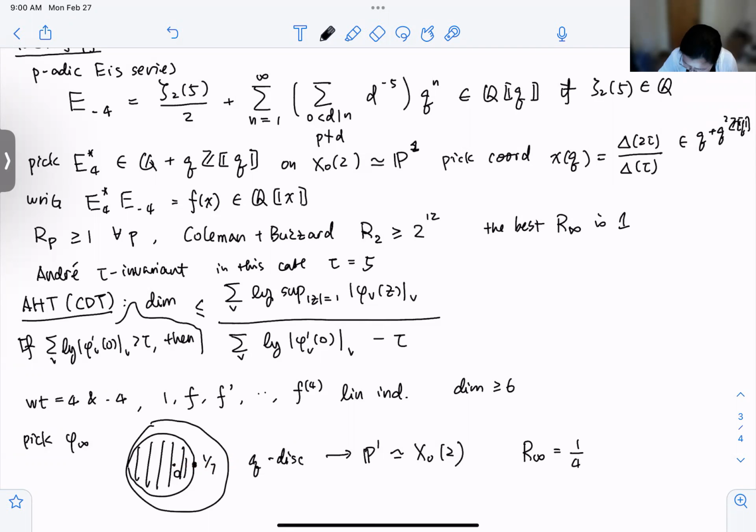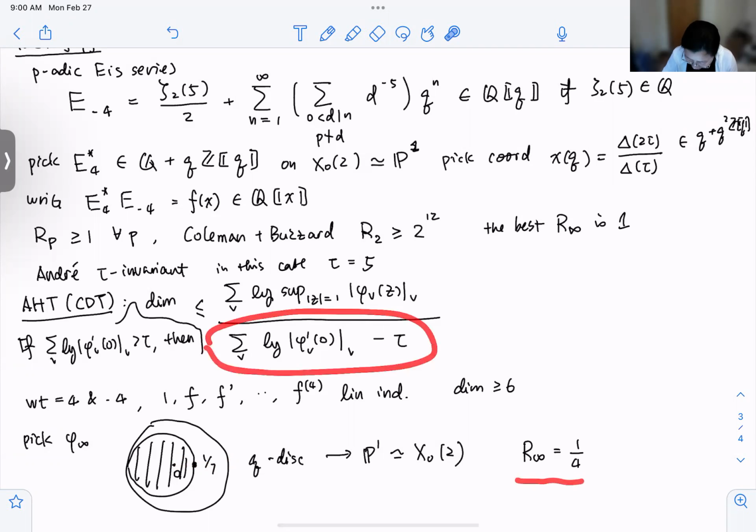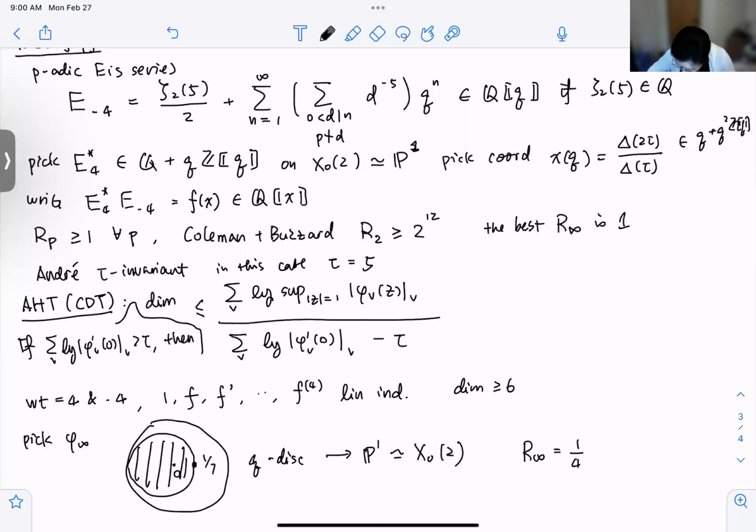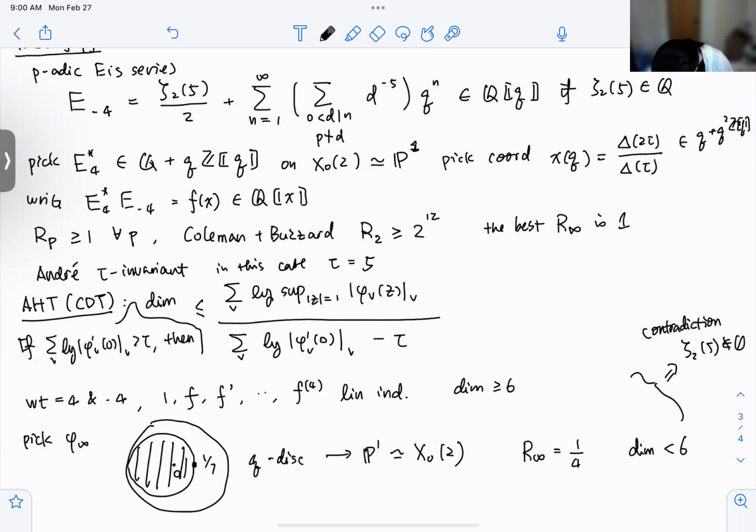So we still want something which is not too small, so that this one would be positive. And then everything is computable in this case, that we have dimensions strictly smaller than 6. And these two imply the contradiction. So we know that zeta(5) is not rational.